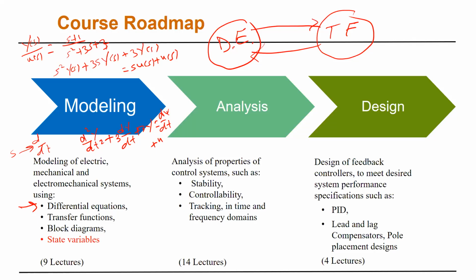Each derivative represents an operator s. Is this clear? So we took the differential equation and the transfer function model. Of course, if you have a differential equation you can get the transfer function, but you can also get it from the circuit directly. And we have done it.